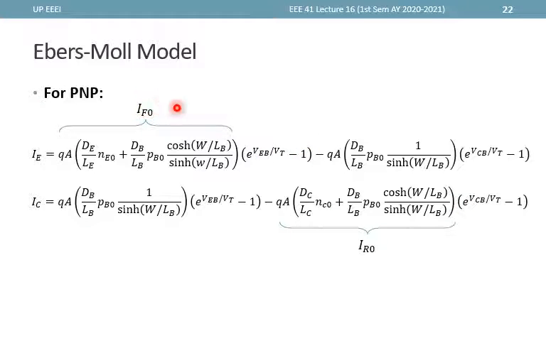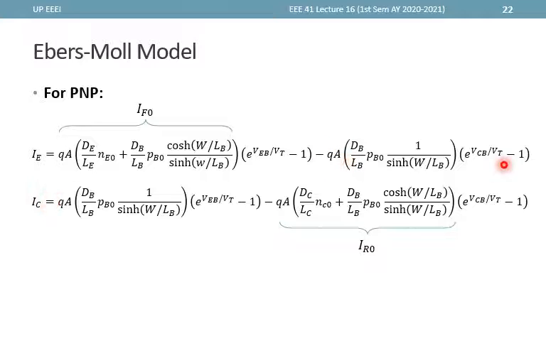And eventually we'll show that this format here can be modeled as some diode equation, since this is the VEB junction voltage and this is IE, and this is another diode with IR naught as its reverse saturation current, since this is the VCB junction voltage for this collector current.